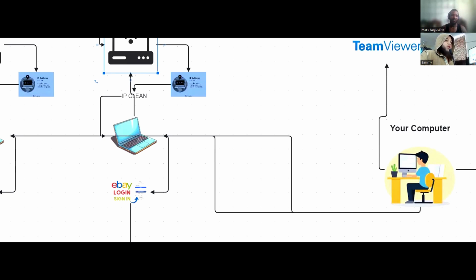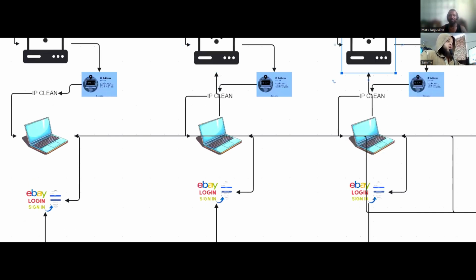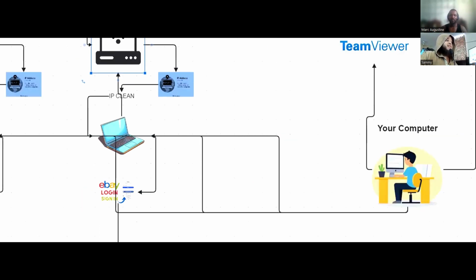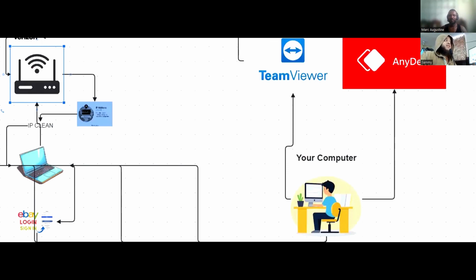So once you set up all the computers with your main computer using remote PC software, you can operate all three eBay accounts from your one computer. The biggest benefit is when you have employees, that's exactly how they connect. My employees use AnyDesk and TeamViewer to connect to all of my laptops and run the eBay accounts from there.